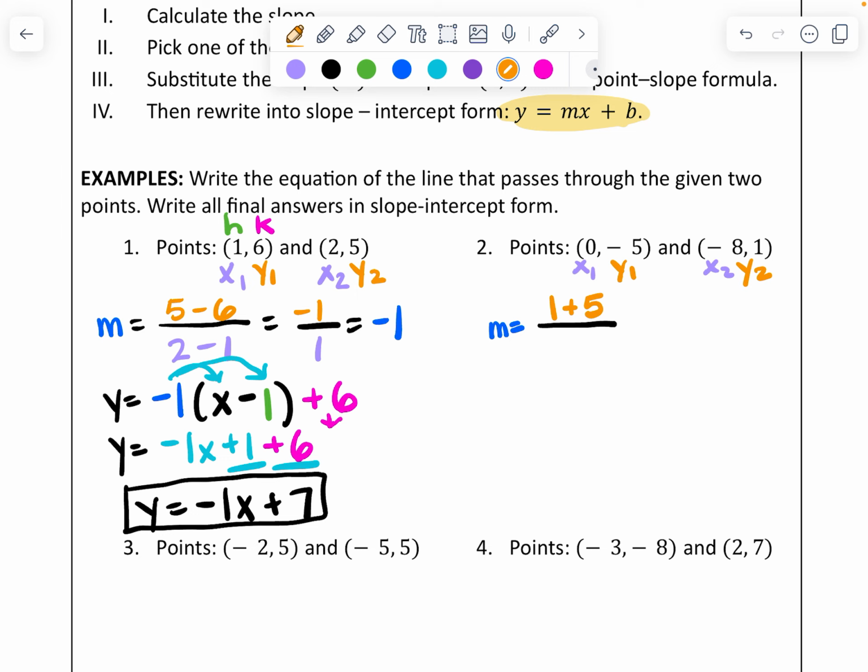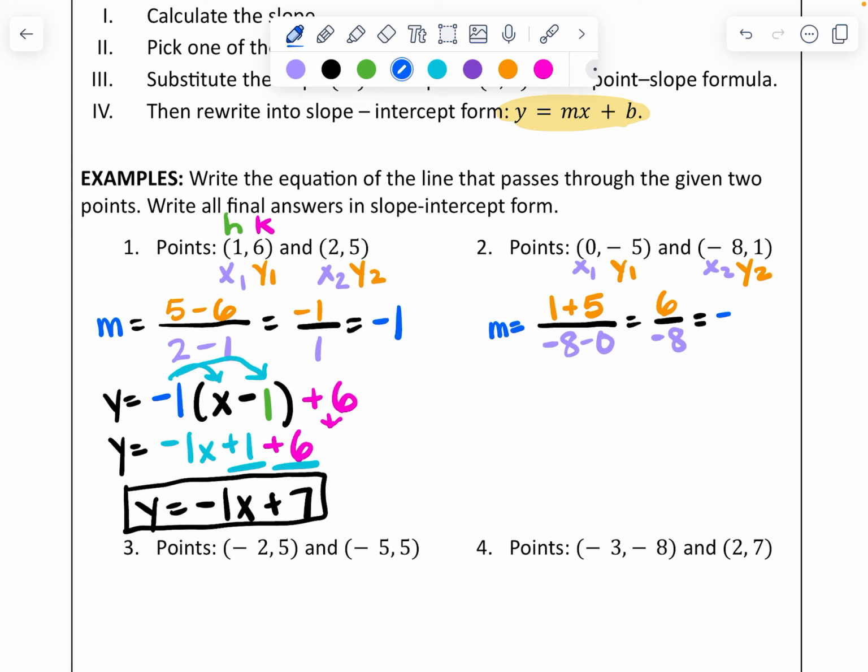When you subtract a negative number, it makes it plus. And then negative 8 minus 0 is 6 over negative 8, and that simplifies to negative 3 over 4.